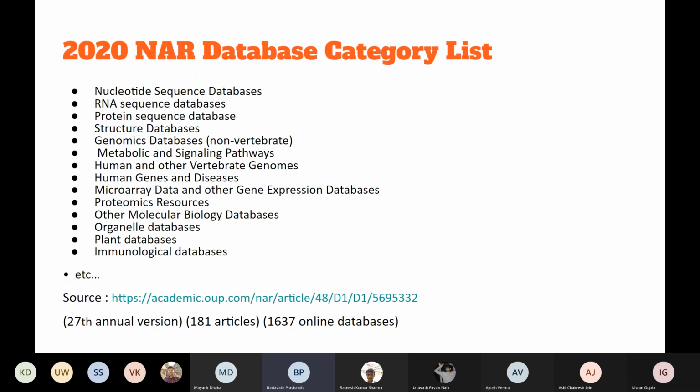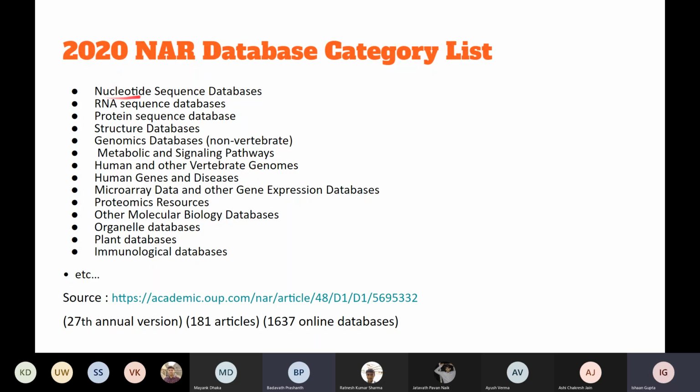Sorry for that. Yeah, so here's a list of databases which exist according to one of the latest publications published last year. There are already around 1,500 online databases, and they range from different kinds of molecules that they target.